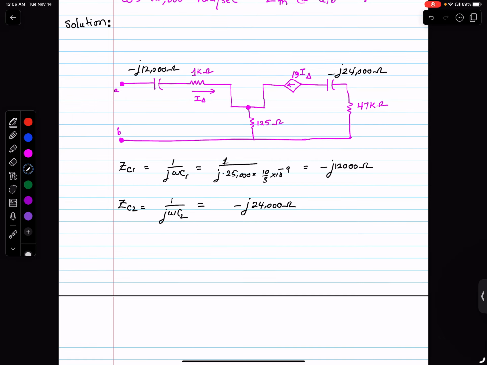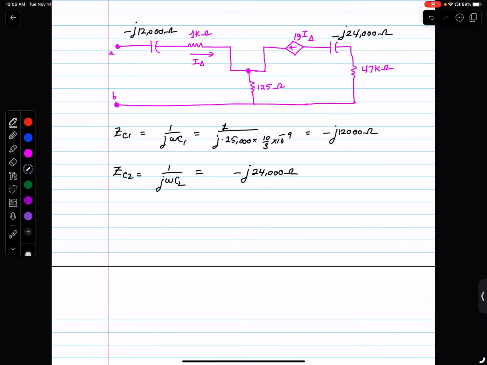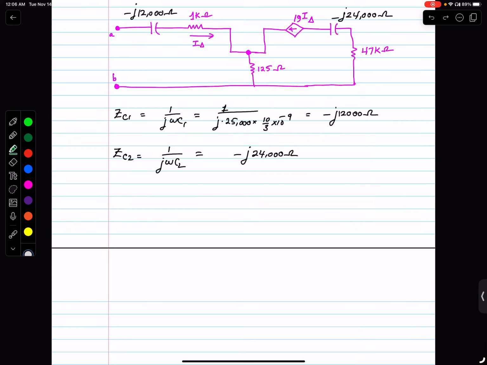Okay, now let's see. I'm going to do something really quick here. Let's look at this loop, the left hand side loop. Now, because there is a dependent source, what we want to do is to apply a test voltage and look at the test current, right?